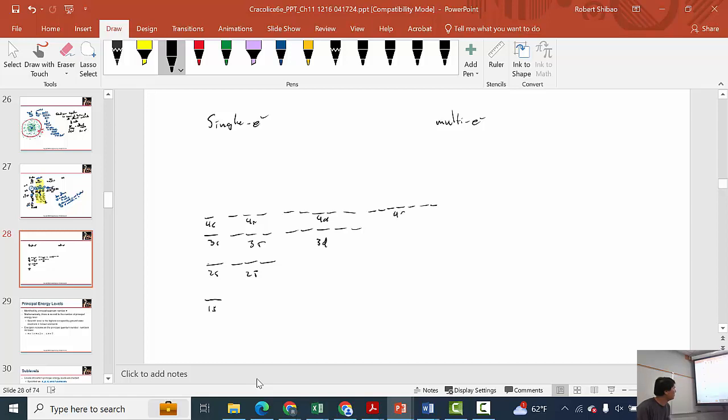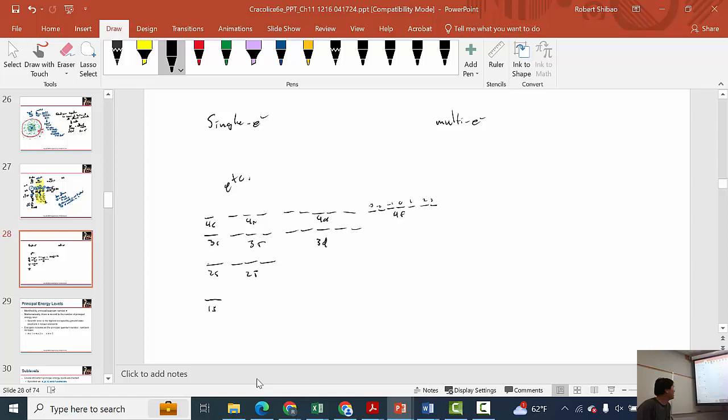This is 4f. It's going to have 7 lines because we go from -3, -2, -1, 0. So -3, -2, -1, 0, 1, 2, 3. That's where the 7 lines come from, etc.